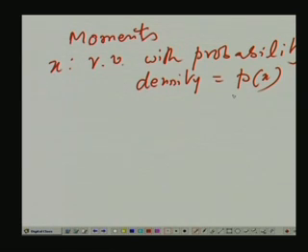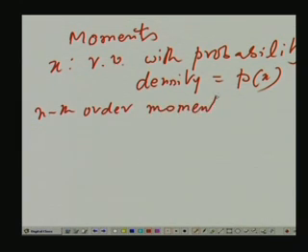Then nth order moments. There are various definitions of various types of moments. So, let us just define them. N is an integer, n could be 0, it could be 1, 2, 3 and like that.